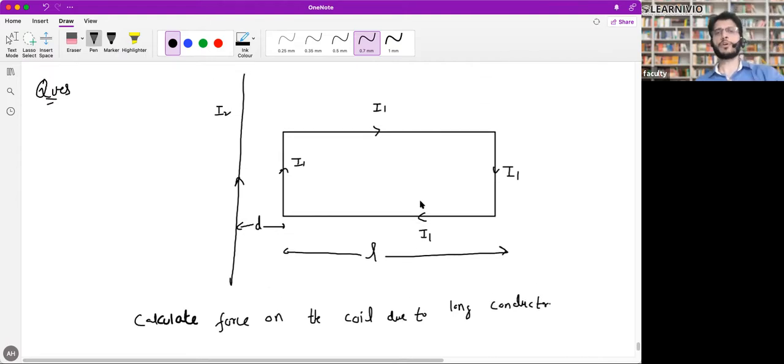So for these type of questions, we will calculate force on, you can divide this rectangular coil into 4 straight conductors. Conductor AB, conductor BC, conductor CD. So you have 4 conductors AB, BC, CD and DA. We will calculate force on each of the individual conductors.